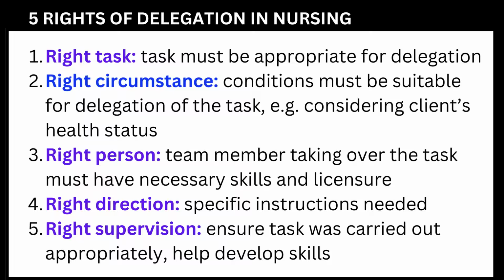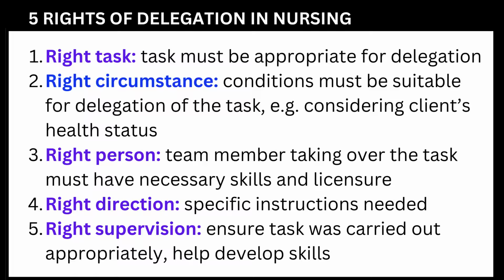Right direction simply means giving the specific instruction needed to perform such a task. Right direction. Have I given the specific instruction for this task to be carried out? Next is right supervision. As a nurse, you must ensure that the task was carried out appropriately.